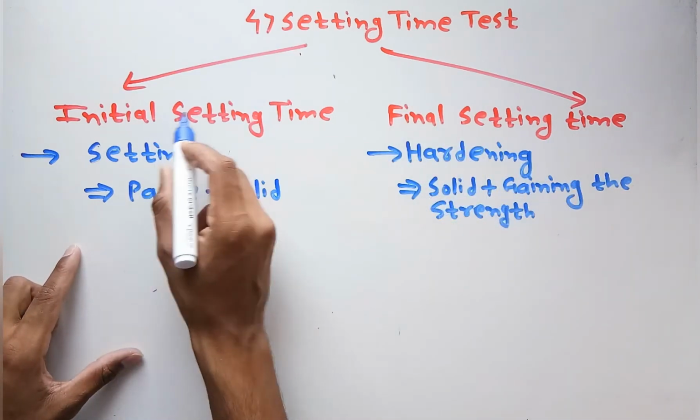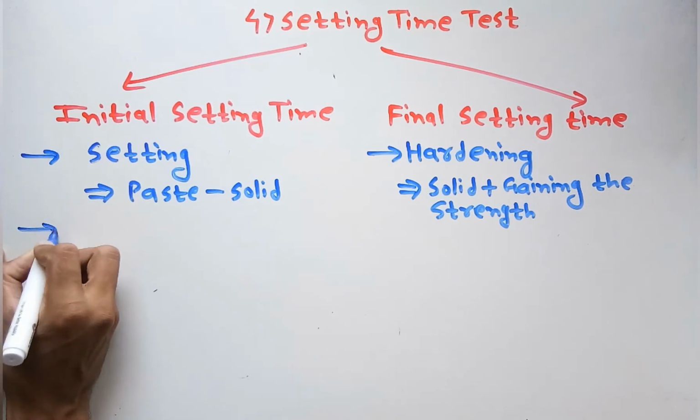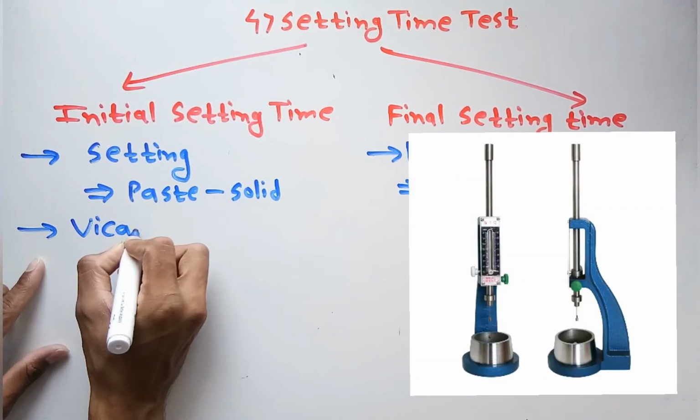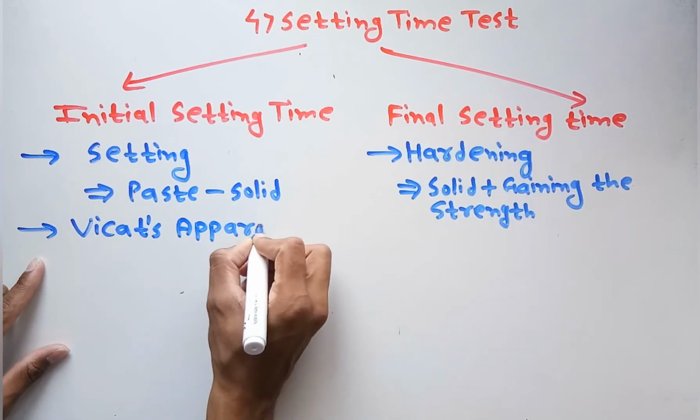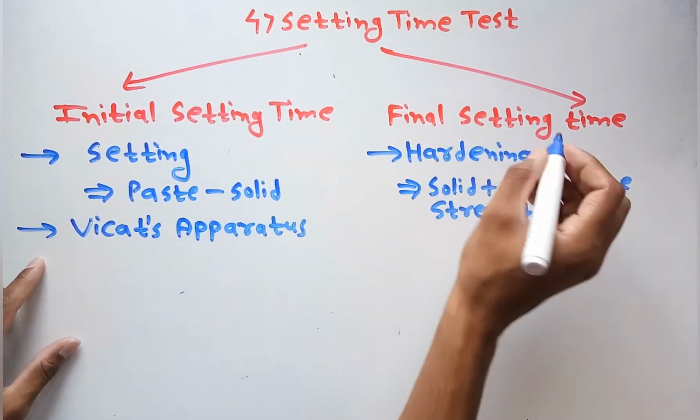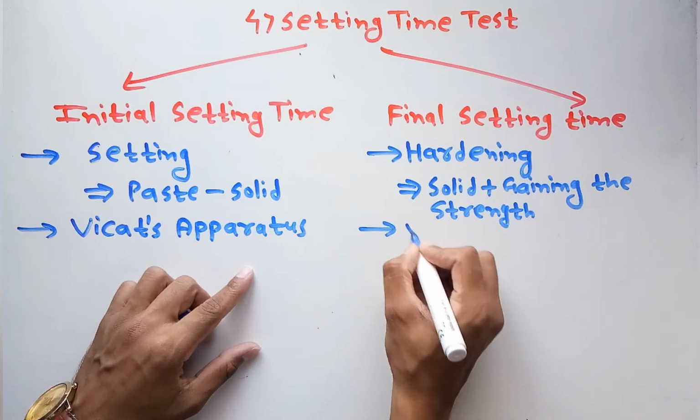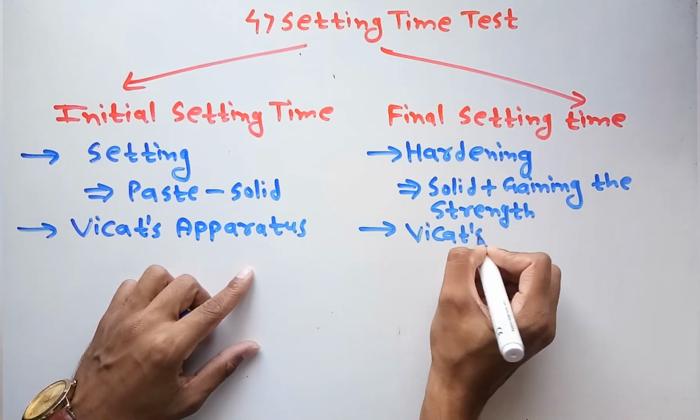In the initial setting time, the apparatus used is Vicat's apparatus. Also in the final setting time, it is the same, Vicat's apparatus.